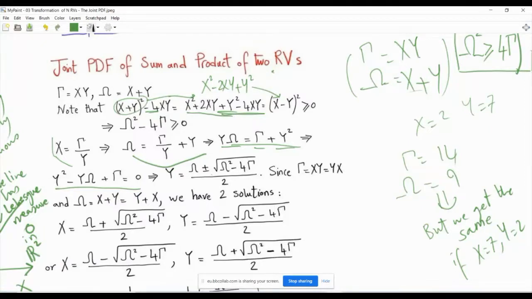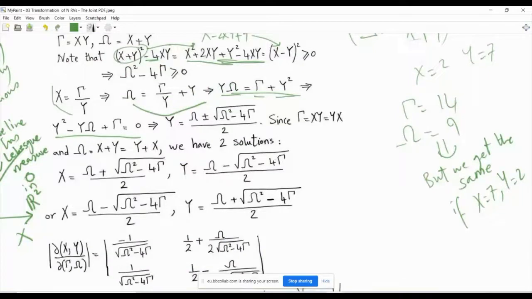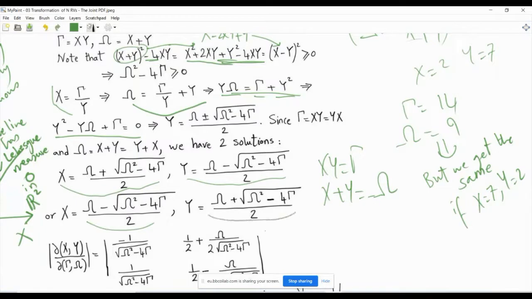So if you have xy equal to gamma and x plus y equal to omega, and you want to express x and y, x can be with the plus sign and y with the minus sign, or vice versa, because of the issue I told you about. So it's either x with the plus sign and y with the minus sign, or you can swap, as I talked about earlier.